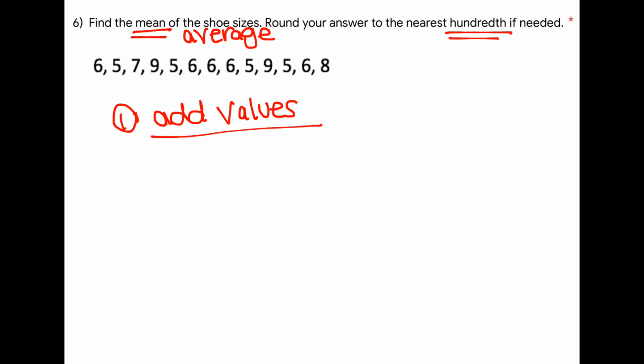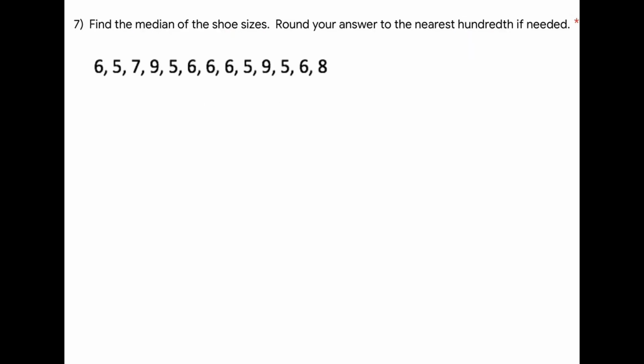Then we divide our sum by the number of values. And if we have to, we're rounding to the nearest hundredth. Find the median of the shoe sizes. Round your answer to the nearest hundredth if needed.